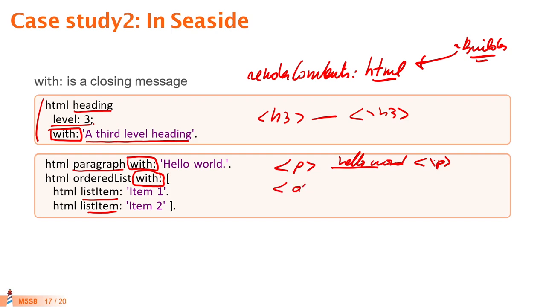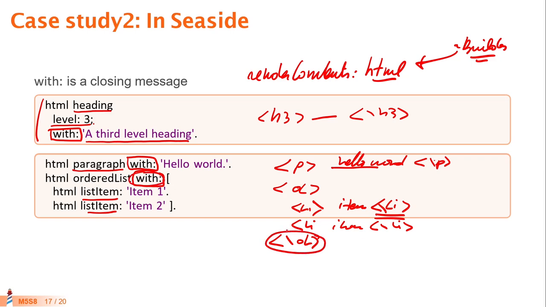So here they will do an ol, for example, an ordered list. They will close the ol. And here inside they will generate li, item 1. And they use the with to make sure that the expression is closed. You see, so the with here will make sure that this is written. But this is the same idea.